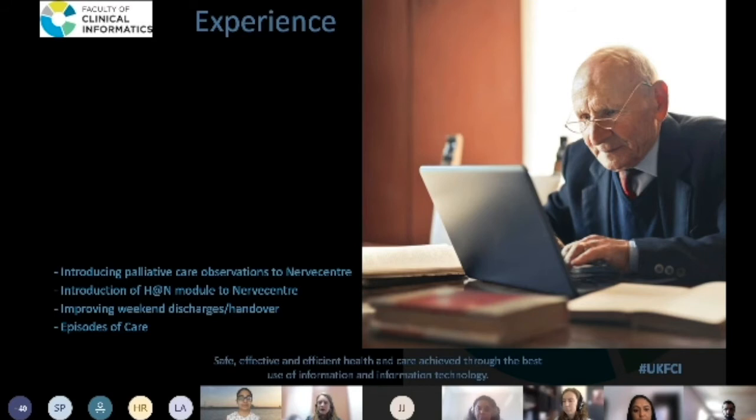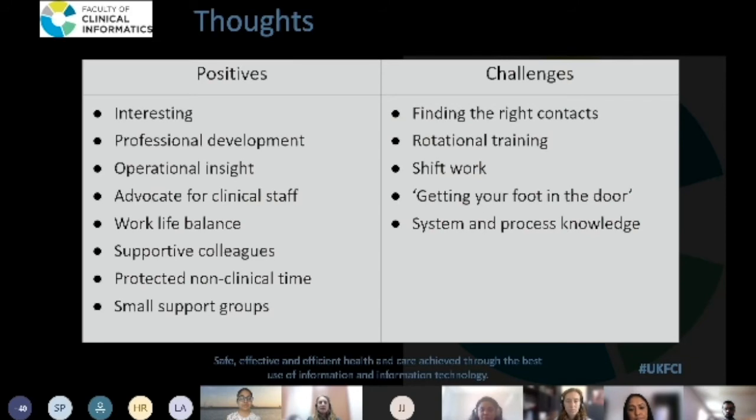So in terms of my thoughts on clinical informatics and the flexible portfolio training, I've generally found it something really interesting to do with my time. I've been able to learn lots of things that not just help me with my informatics, but also in terms of registrar training, because you get an experience of things like project management, business case writing, how to process map and think about what that means.